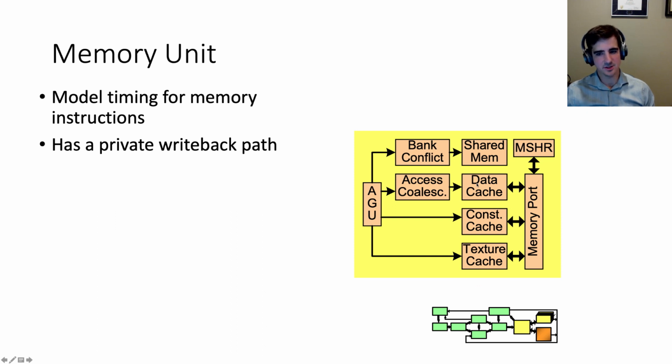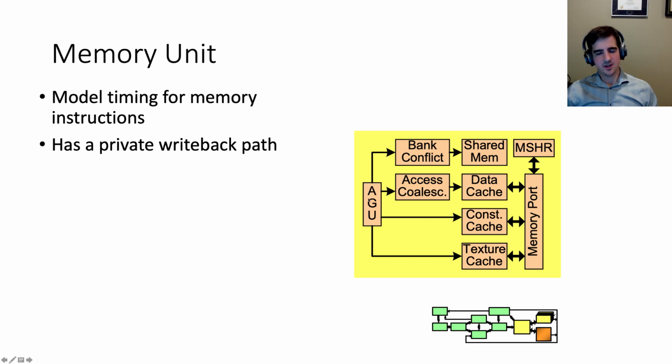The data cache is what is used for global and local accesses from the program. The shared memory is the scratchpad memory that you hopefully all know a lot about from doing your assignment number 1. There's also a small cache for constant accesses, and then this thing called the texture cache, which we haven't really looked at too much, but we'll talk about that a little bit more in a successive lecture when we talk more about the memory system.